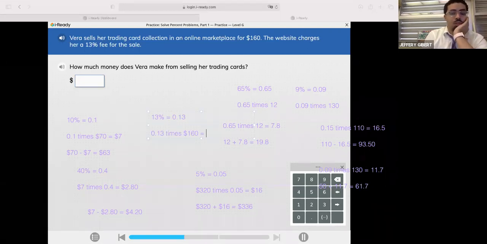20.8. All right. So in money, that is $20.80. So you said you take it away. So that means you got to do 160 minus $20.80.